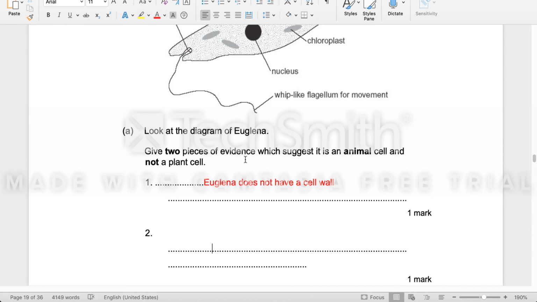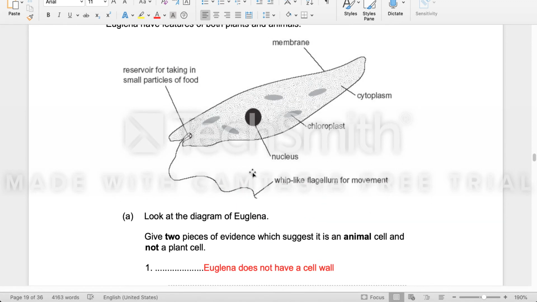The next part here, another piece of evidence by looking at this diagram, is that it has a reservoir for taking in small pieces of food. Plants, on the other hand, don't have anything like that. They actually absorb things through diffusion, which is what we're going to look at next lesson, but that's something that doesn't seem very common in plants.